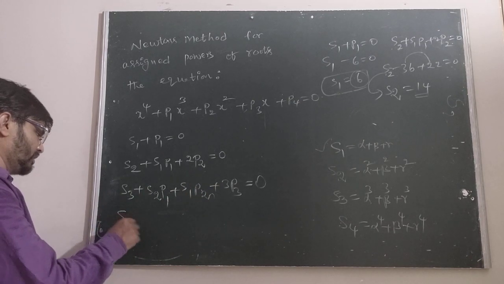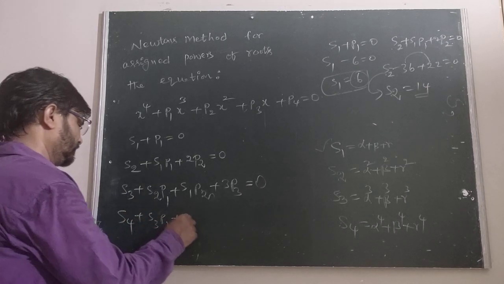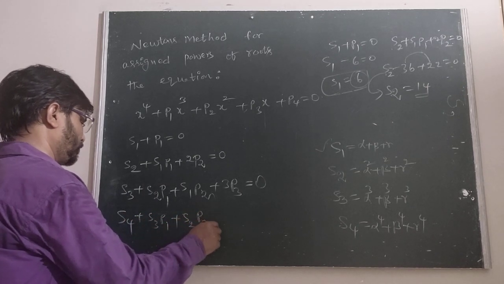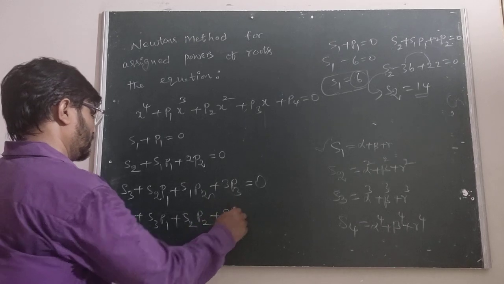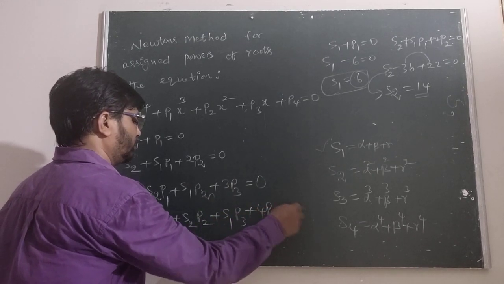Suppose we are taking S4. Now this is S3 P1, after that S2 P2, after that S1 P3. Finally it is 4 P4 equal to 0.